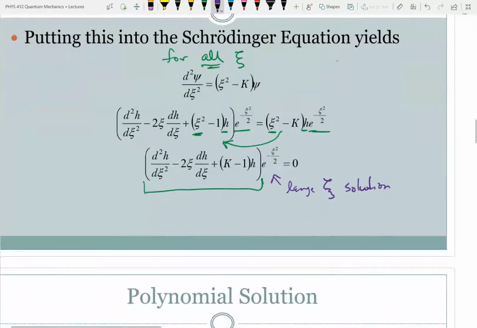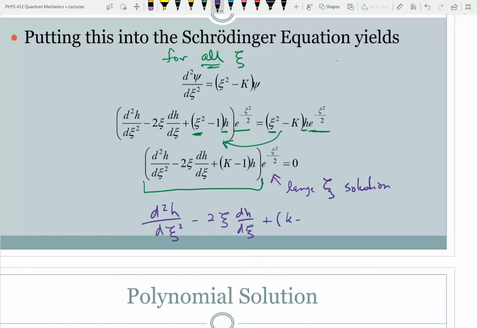Now we need to solve then for all the rest of them, this equation that d second h d c squared minus 2c dh dc plus k minus 1 h is equal to 0.